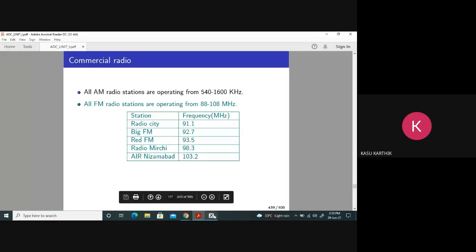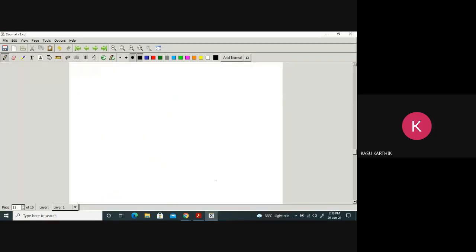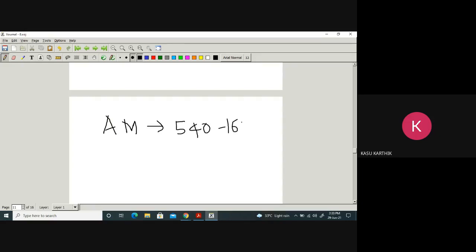These are very, very important. You must know the standard operating frequency ranges of AM as well as FM. AM radio operates from 540 to 1600 kilohertz, whereas FM radio stations operate from 88 to 108 megahertz.